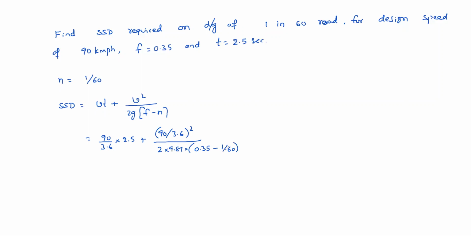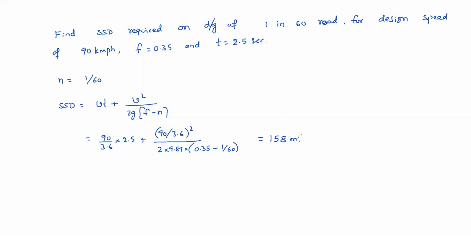Sometimes they may give it like 1 in 60 also, then you can directly take 1 by 60. So what is the value? 158 meters, okay. You should practice these calculations also. Transportation engineering has a weightage of about 12 to 14 marks, so you should be very careful about everything: calculations, logic, concept, derivation, everything.